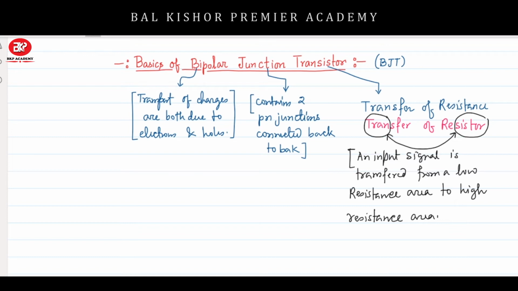That's why it's called transfer of resistor. So this is the significance of the nomenclature of the device BJT.